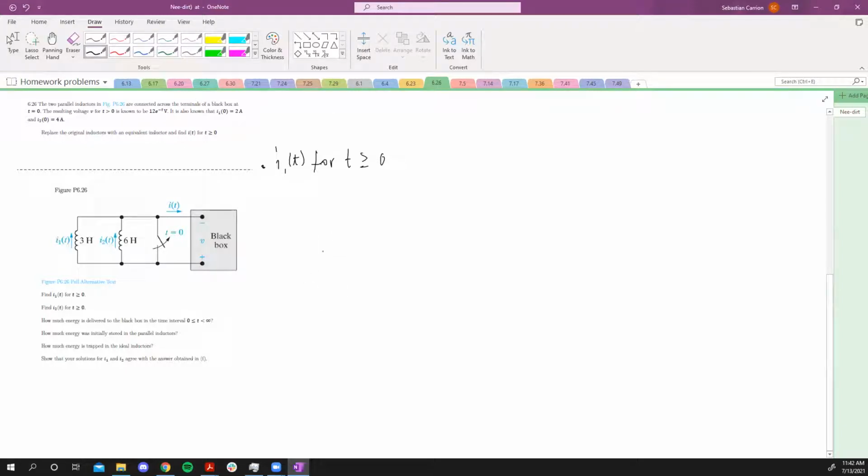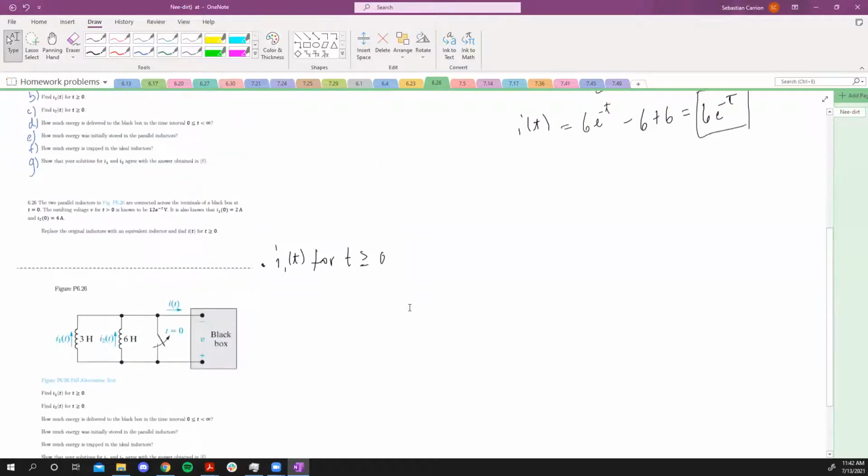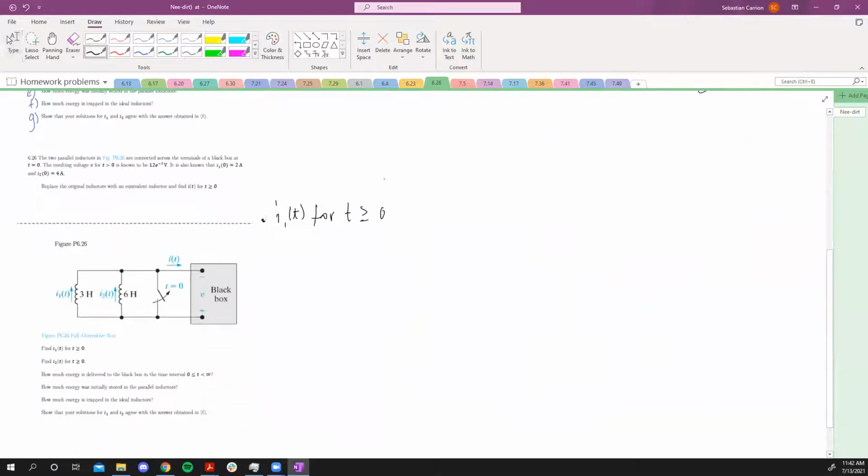We can do this equation again, like above. We have the equation for the inductor, V equals L di/dt, so di/dt equals V over L, and you have to account for the current at time 0 from the inductor.